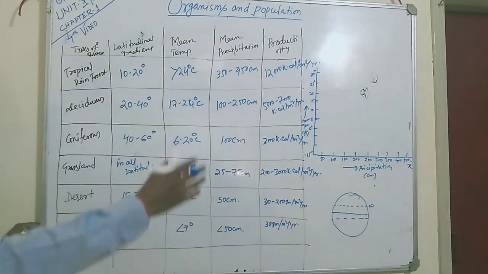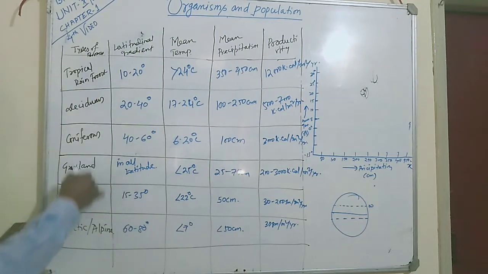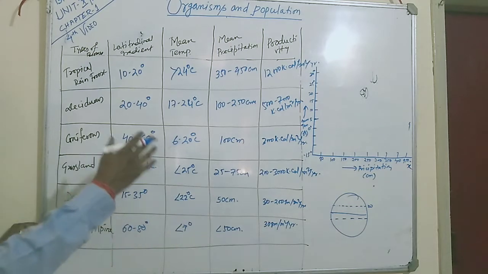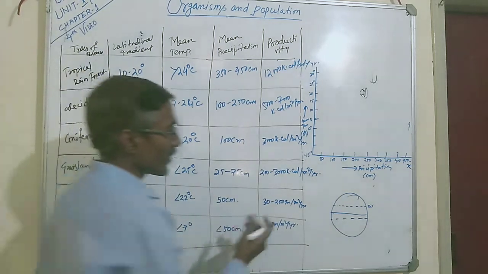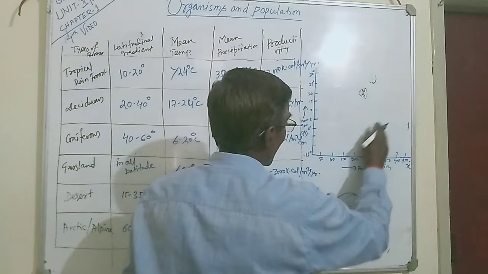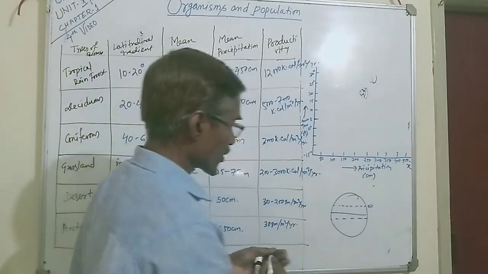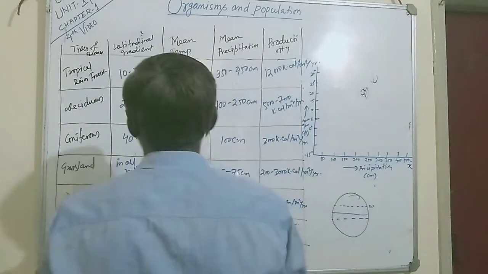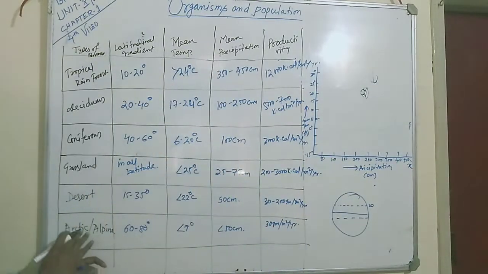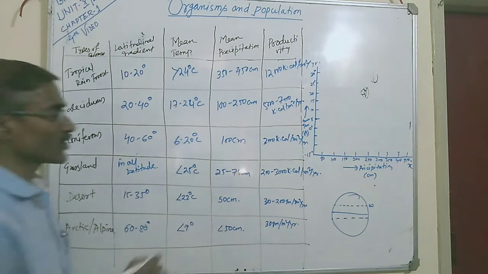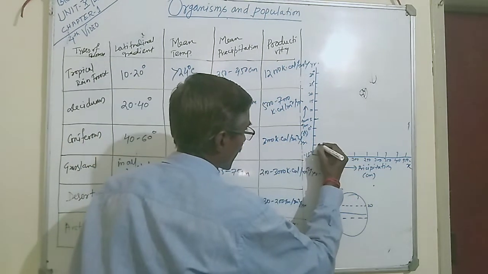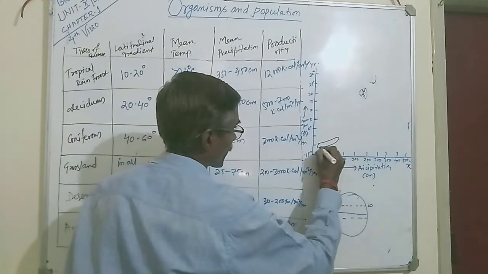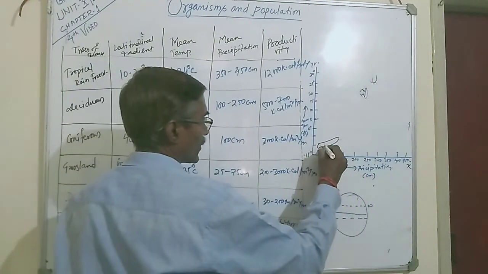These are the major biomes, and their natures are indicated here. You should remember it very comfortably. Now compare this graph with the NCERT textbook, and start initially from the Arctic and Alpine vegetations. The range is like that: minimum temperature, minimum rainfall, Arctic and Alpine.